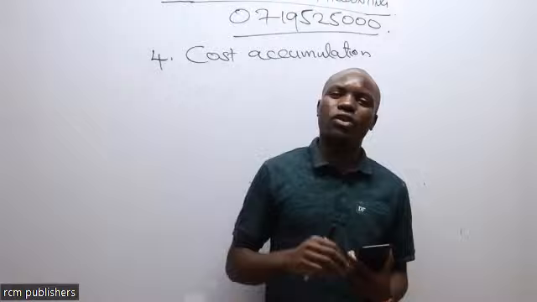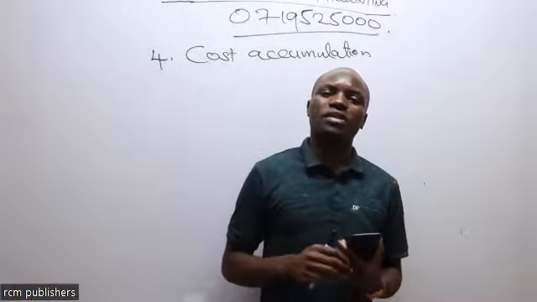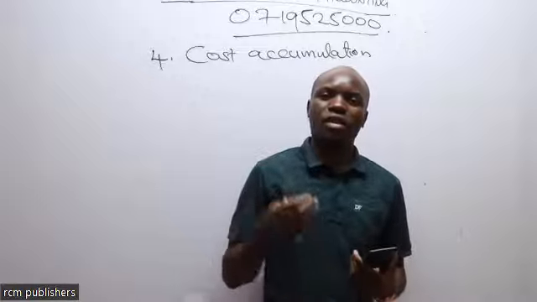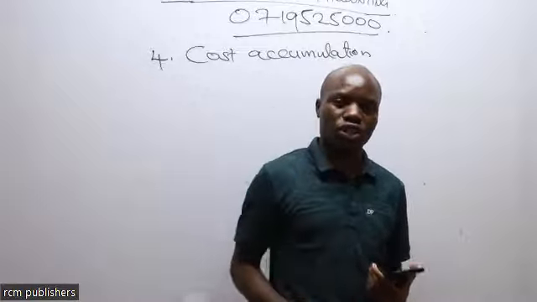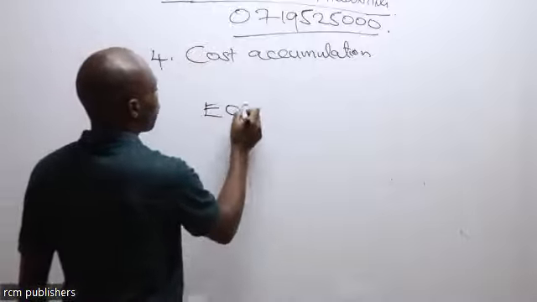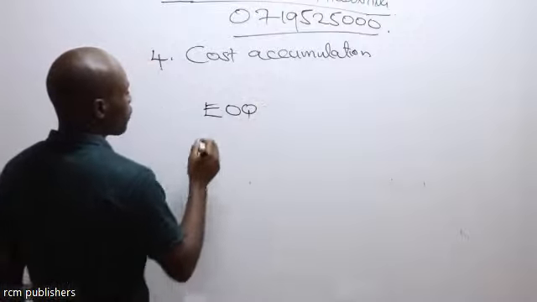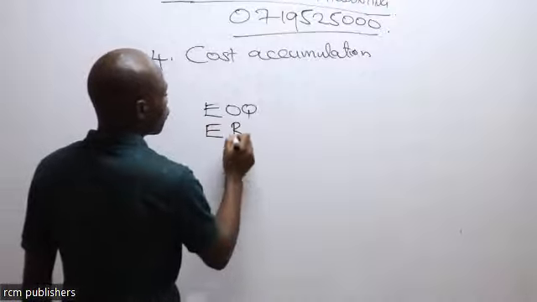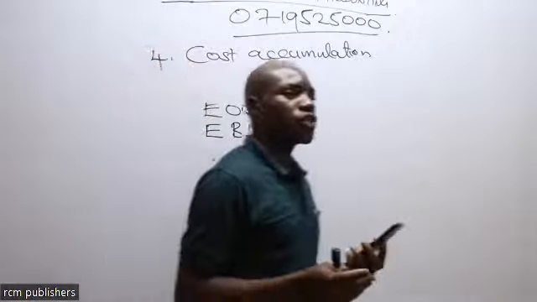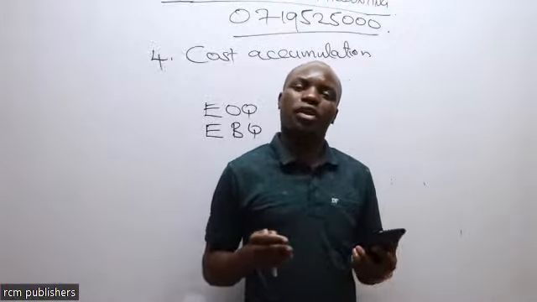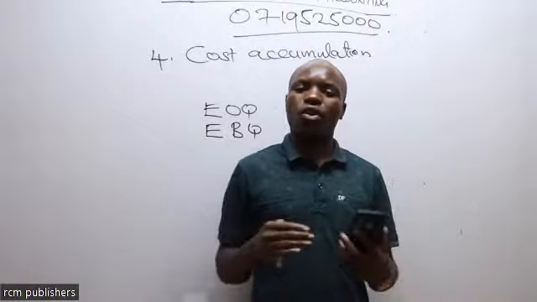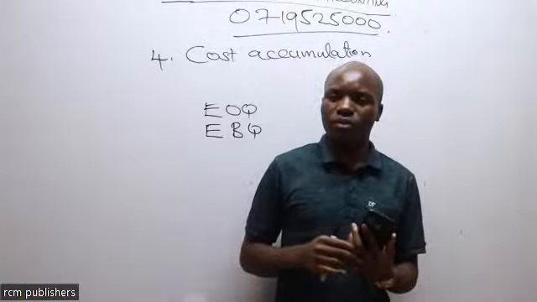Still under that, if you're not ordering goods, then it means you are a manufacturing company. When you're going to manufacture, in place of economic order quantity, for the manufacturing firm we are not going to call it economic order quantity. We call it economic batch quantity. Remember, if I'm going to produce goods in small quantity, then the cost will be high. But when I increase the volume of what I need to produce, the cost will be low.